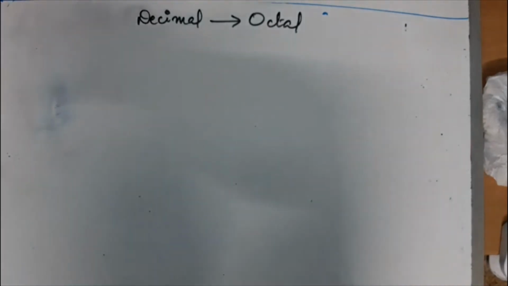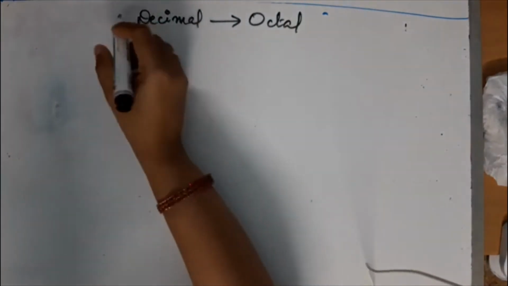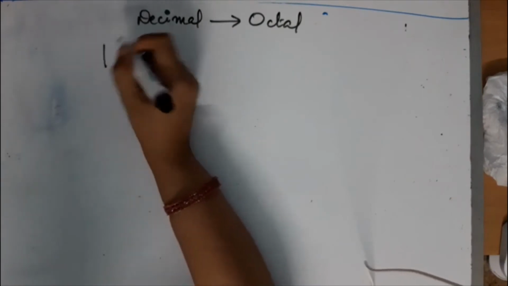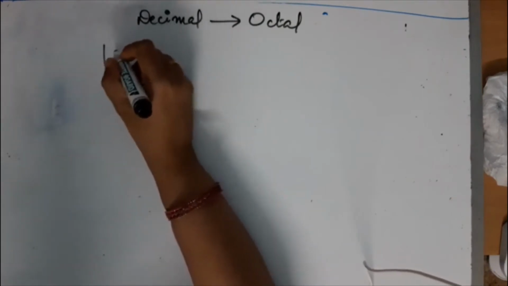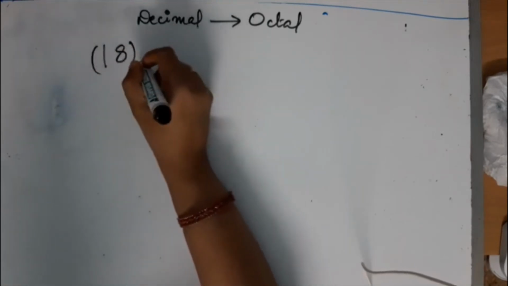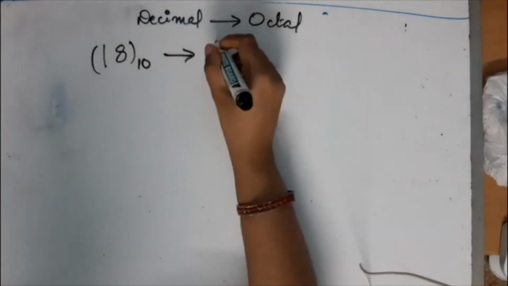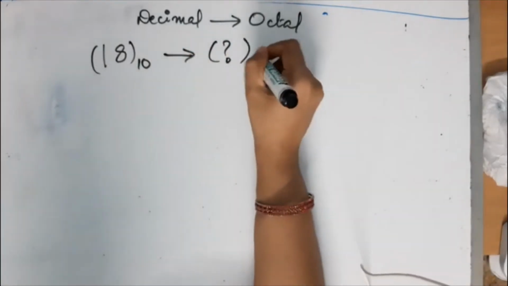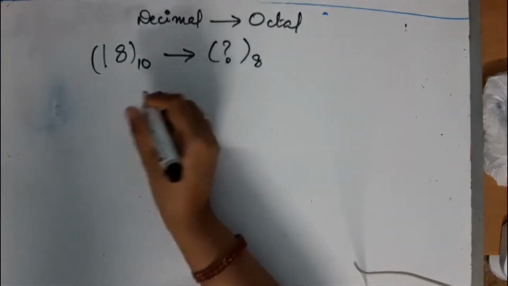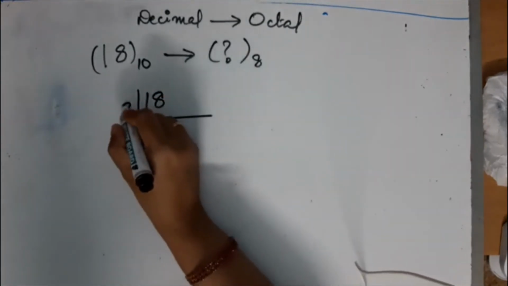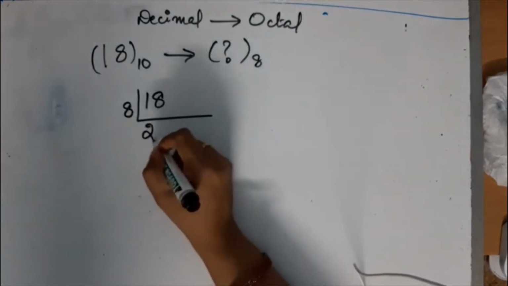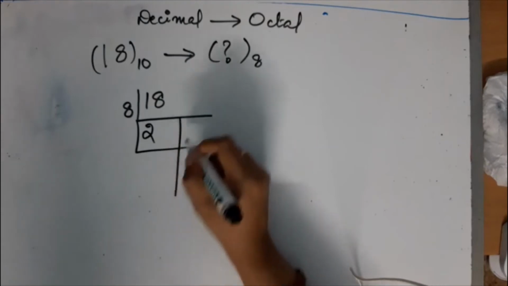decimal to octal. Say, suppose 18 in decimal is converted to what in octal. So, that will be 18, continuously divide by the base 8. So, 8 2s are 16, remainder 1.